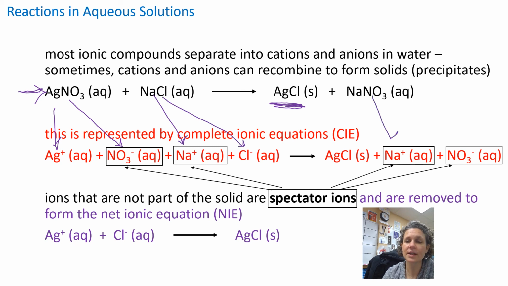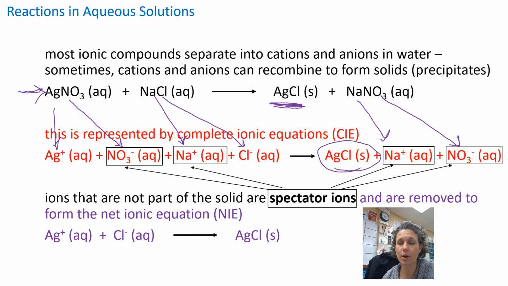And then the sodium and nitrate, and they all break down. So you're showing all of the ions. Notice though that the solid stays a solid, it doesn't break apart. That's why you can see it. And that's the complete ionic equation.